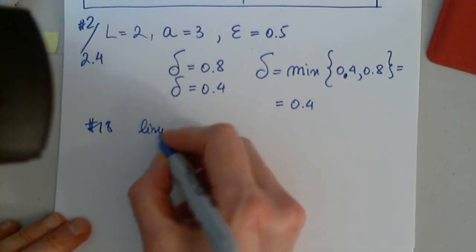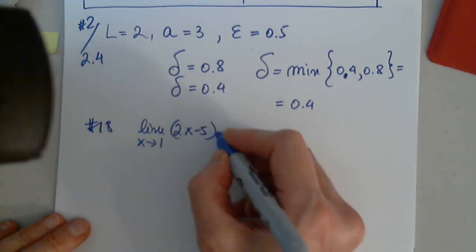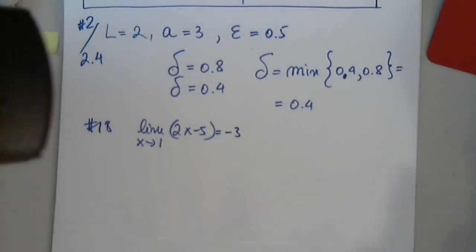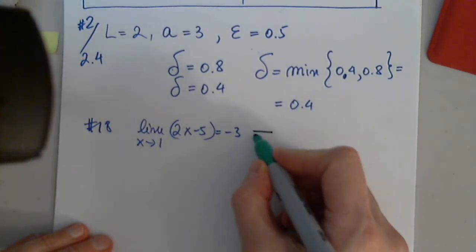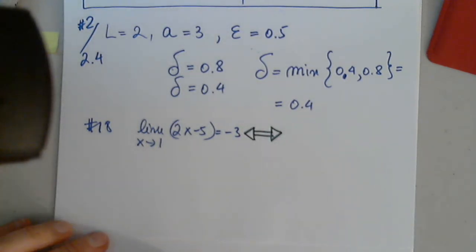So this is the limit as x approaches 1 of 2x minus 5. They say it's -3. Is that correct? Is the answer -3? Yes. We don't trust anything. Very good, awesome, it is. So I have to write the double equivalency symbol.